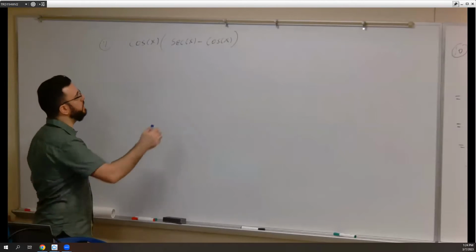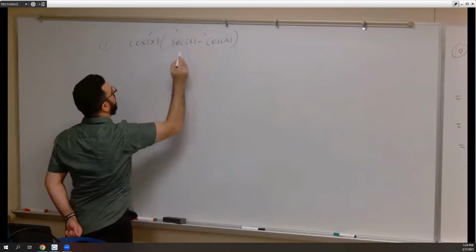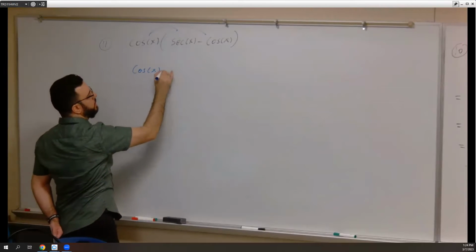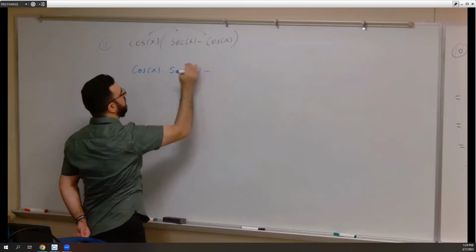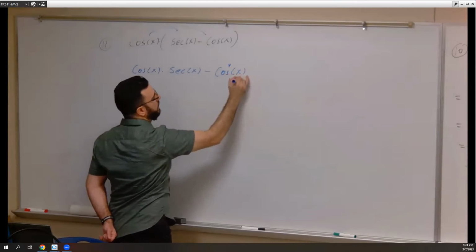Because there are parentheses and it has multiplication, I'm going to distribute the cosine. That's going to be cosine x times secant x minus cosine times cosine square x.